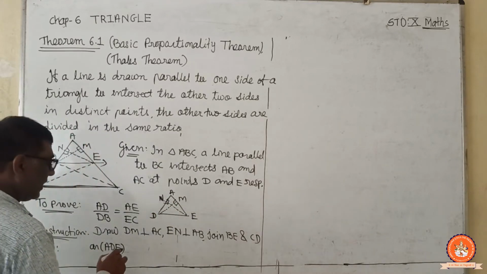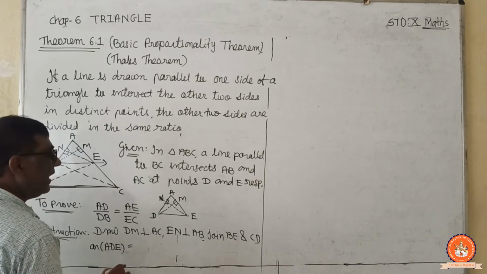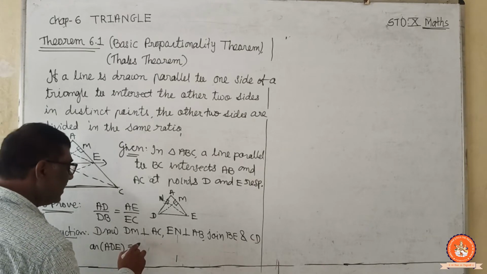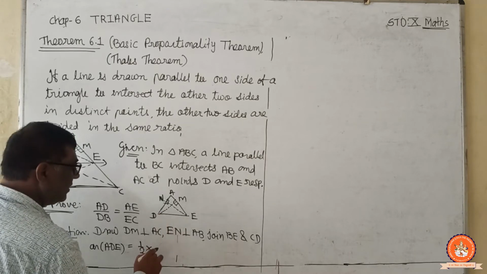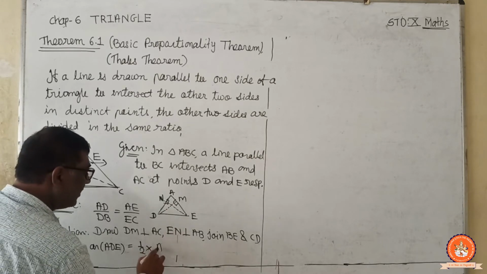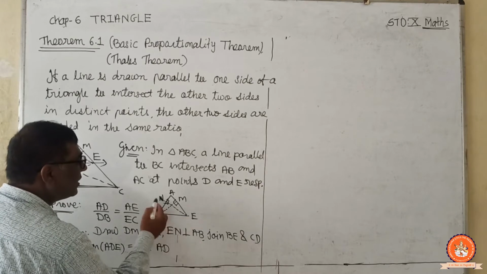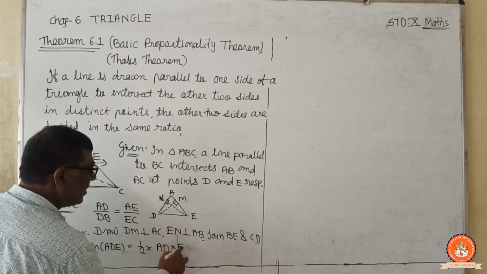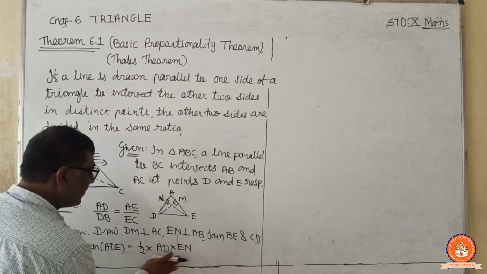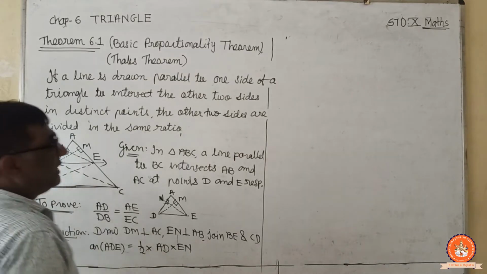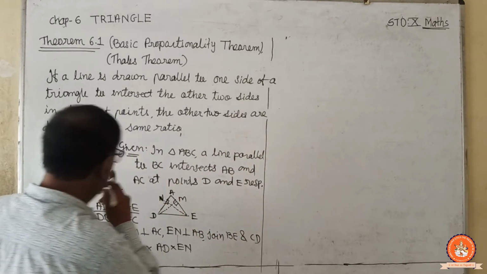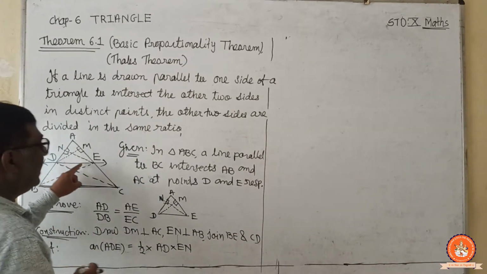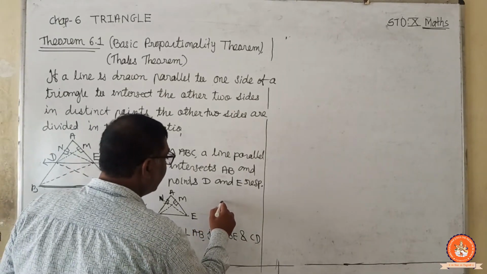So we can write that area of triangle ADE can be written as half into base AD into altitude EN. Now think of the other triangle BDE. Look at BDE.